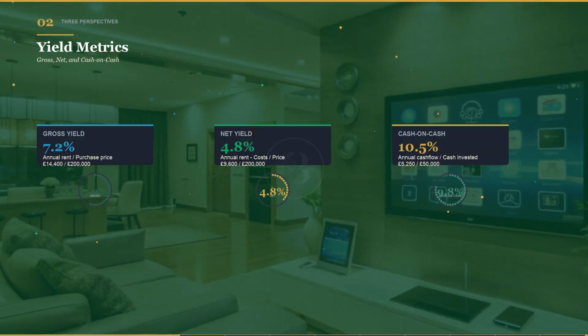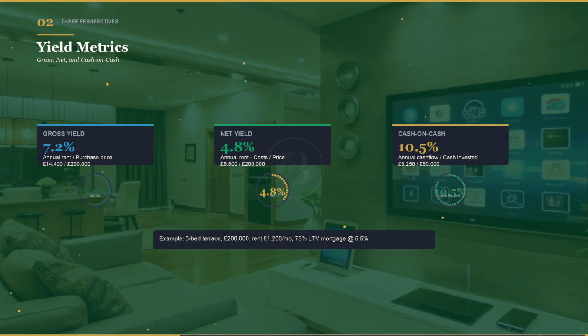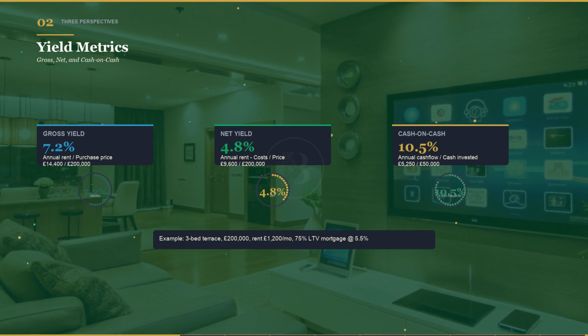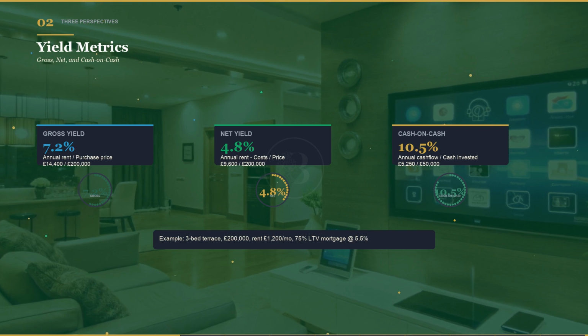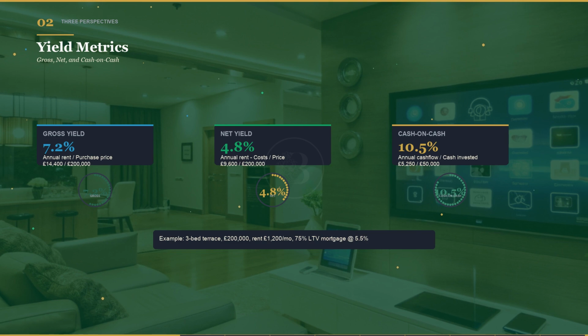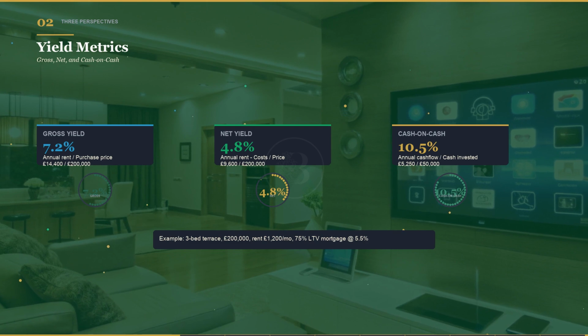The rental yield calculator delivers three perspectives on your investment return. Gross yield is the headline figure, annual rent divided by purchase price. It is useful for quick comparisons but tells you nothing about profitability. Net yield subtracts all operating costs, void periods, management fees, maintenance, insurance, ground rent, and service charges from annual rent, then divides by purchase price.